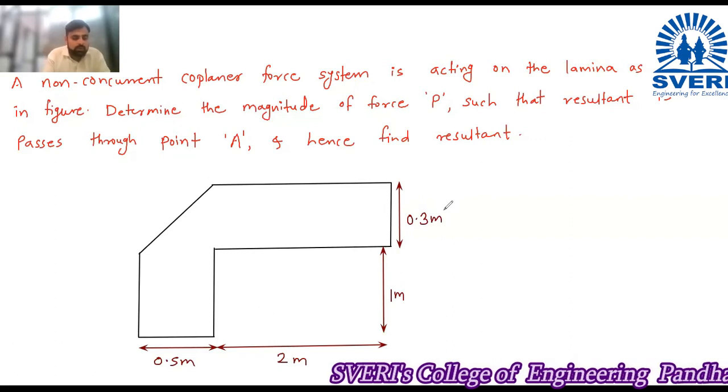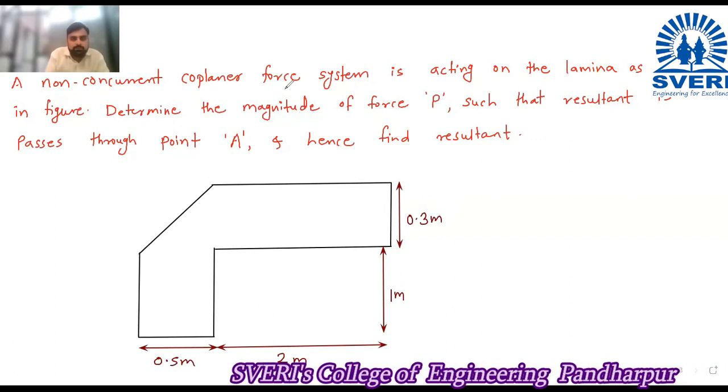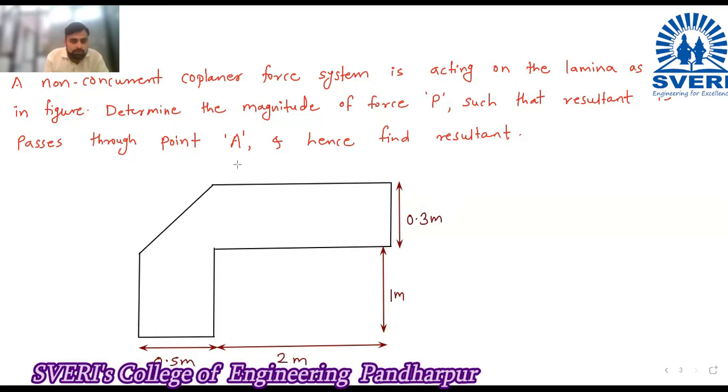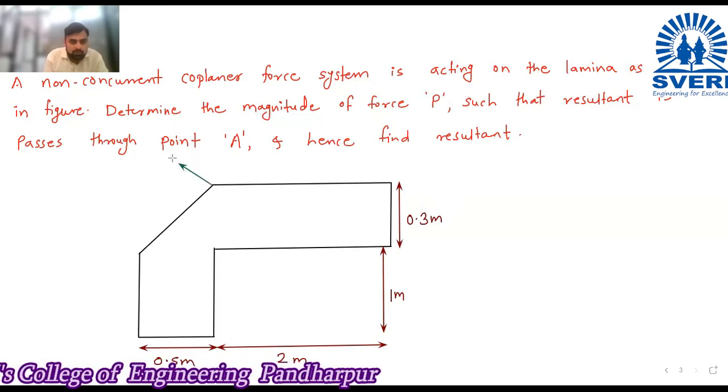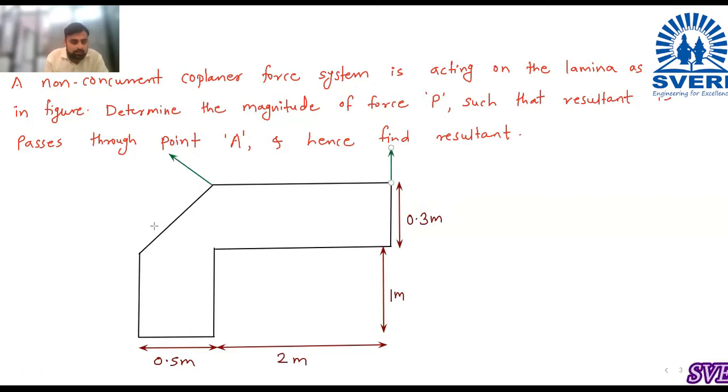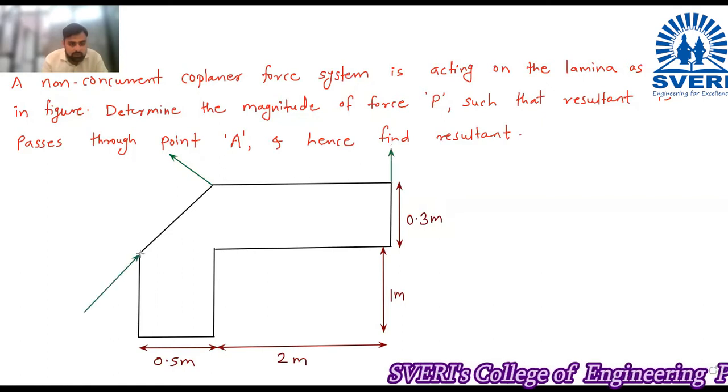Now I will draw the forces which are acting here. The forces are in this direction. A force of 240 Newton is acting. Here a force of 200 Newton is acting. Then here is the force of 260 Newton acting in this direction.